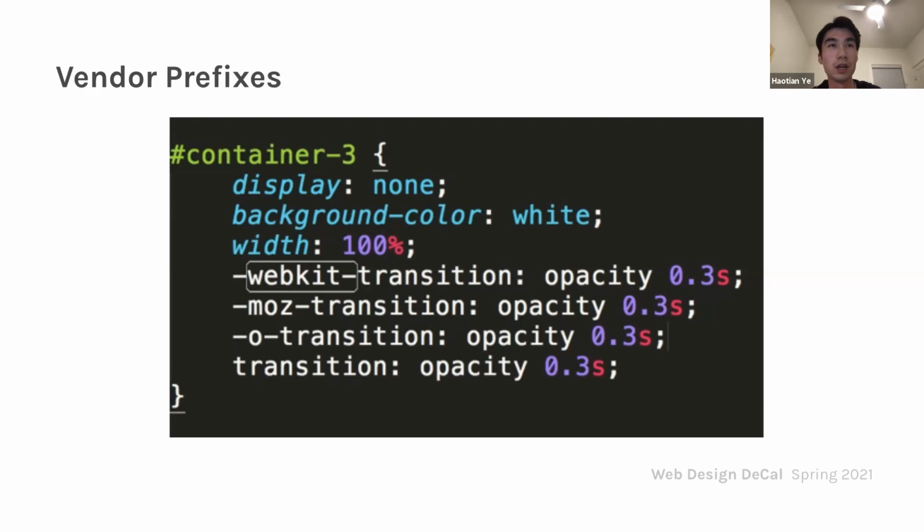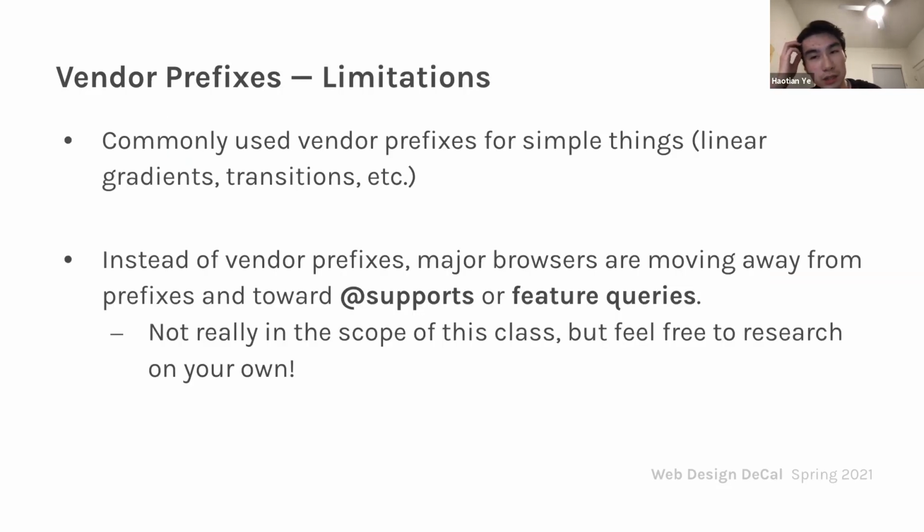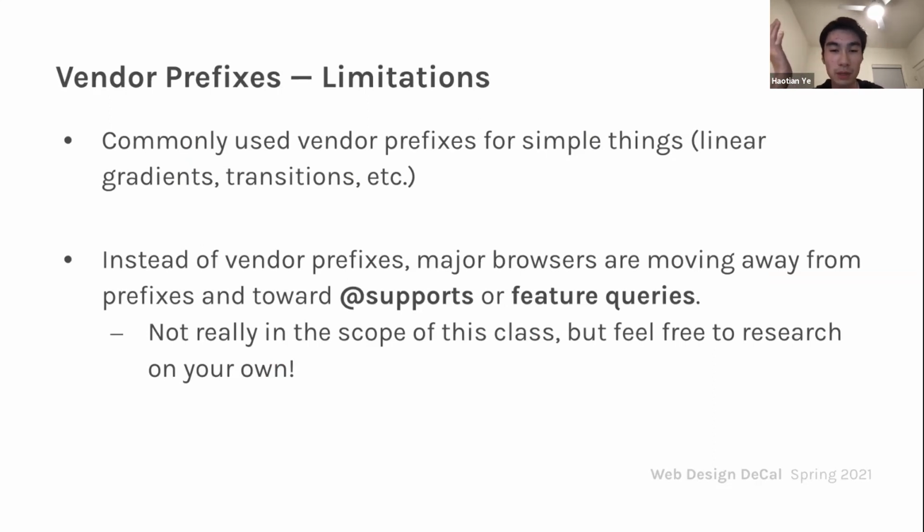all different browsers. However, there are a lot of limitations that come with vendor prefixes, and it's not that commonly used anymore. They're mainly used for, again, transitions, linear gradients, these kinds of things, but it's pretty annoying to copy and paste -WebKit-transition, -Moz-transition, -O-transition for every single selector out there. So what they really do now is move towards an @supports or a feature query, which I'm not going to go over.